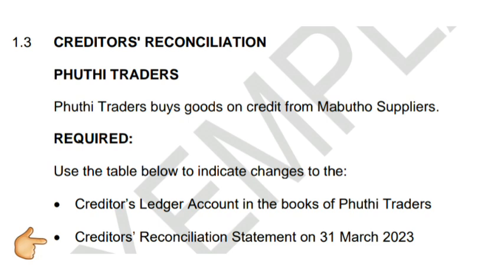So what we are saying is, remember, like with a bank statement, I cannot come into the books of the bank and fix their statement for them when they have errors. Similarly, if Cash Build has an error in the statement of account that they have sent me, I cannot fix a statement of account for them. What I can do for them is I can prepare for them what we call a creditors reconciliation.